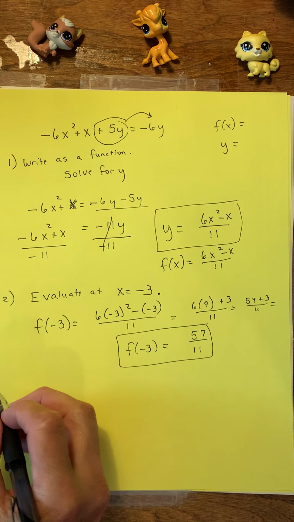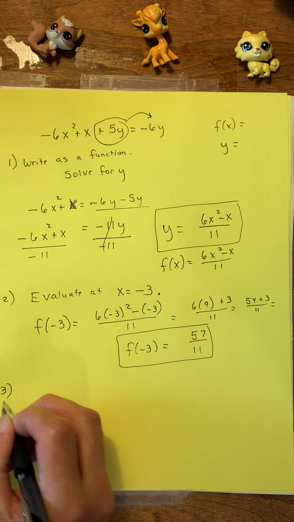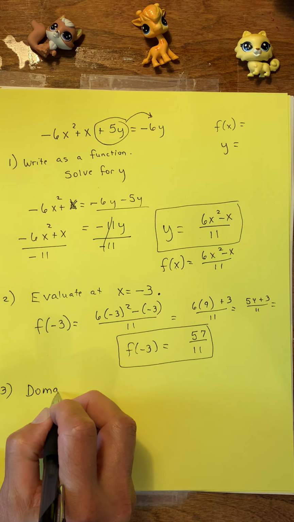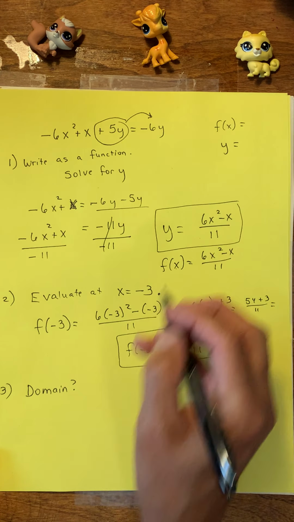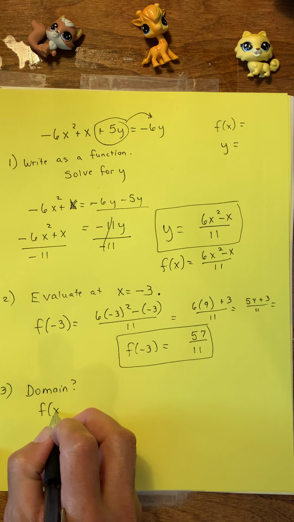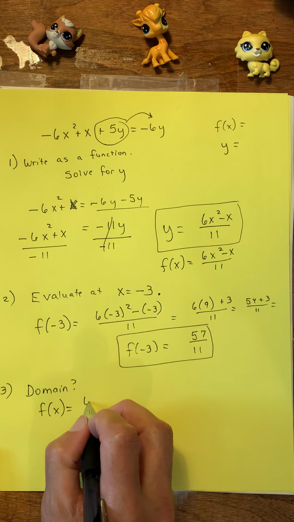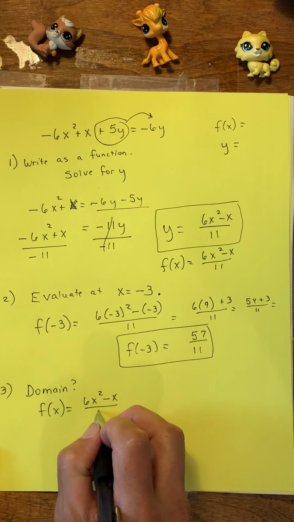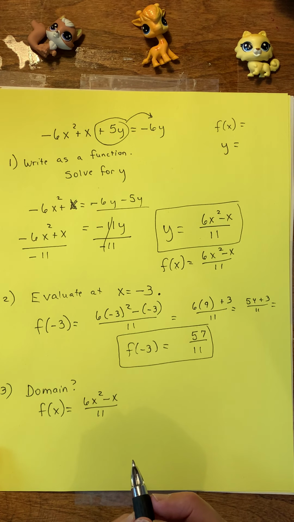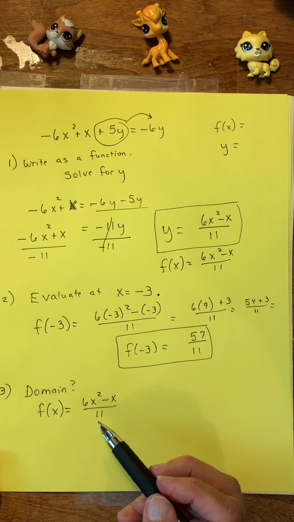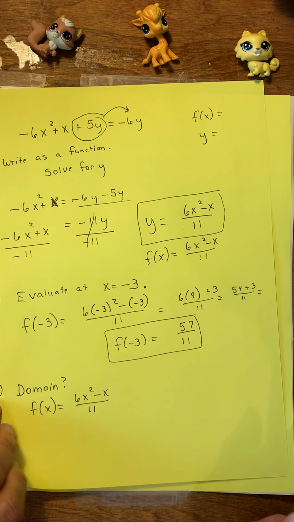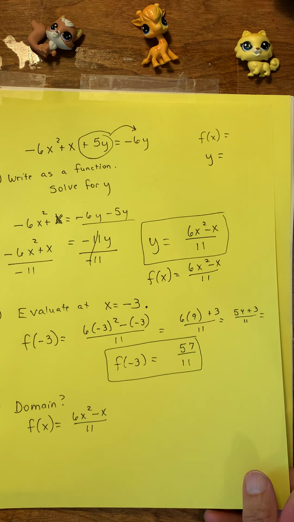All right, the third thing they're going to ask me is, what's the domain of my function? Here's my function, f of x equals 6x squared minus x over 11. Now, as soon as they ask me about domain, I go to my 2 questions, which I misplaced.